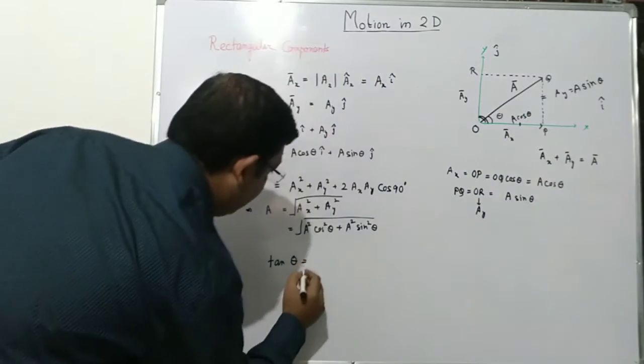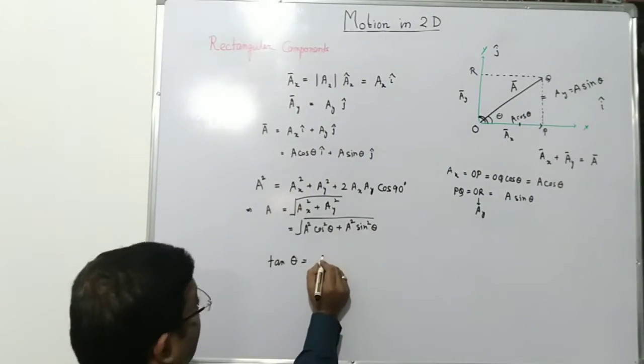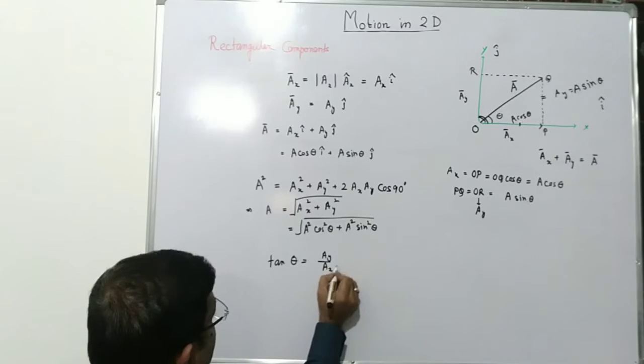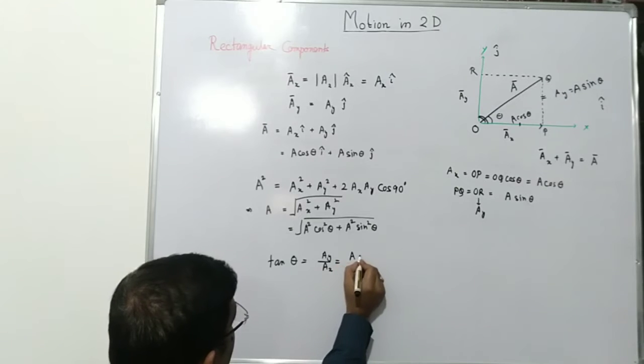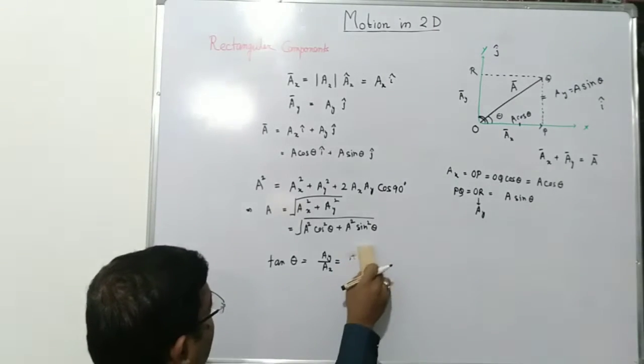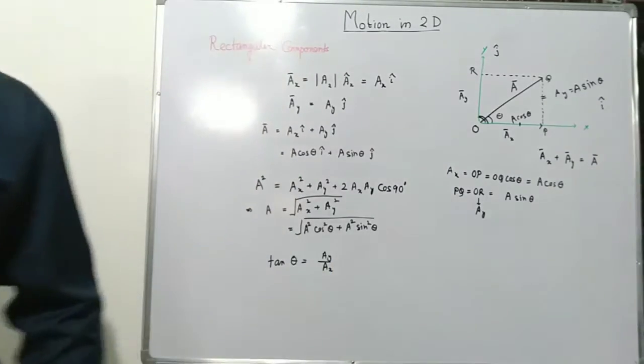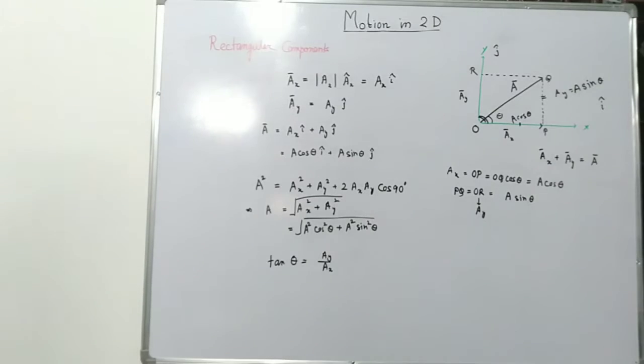So we have AY by AX, which is A sin theta by A cos theta, which is tan theta. Are we clear till now?